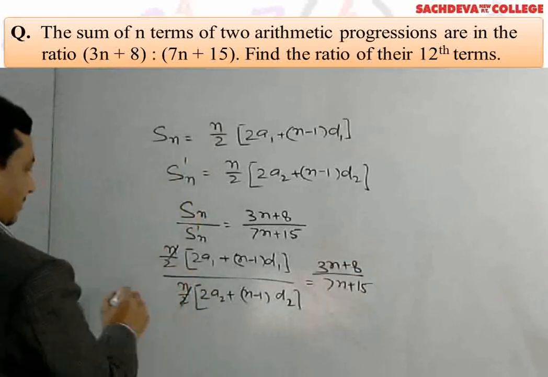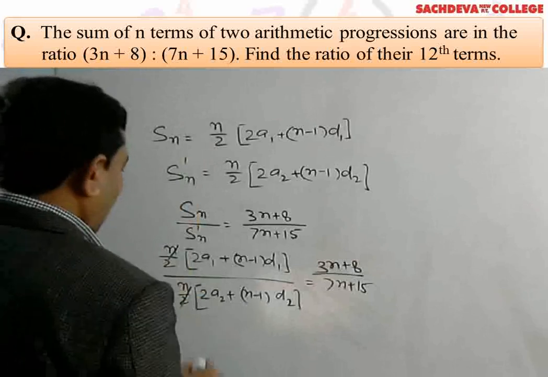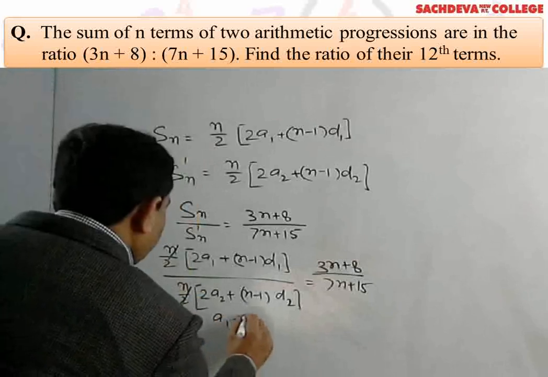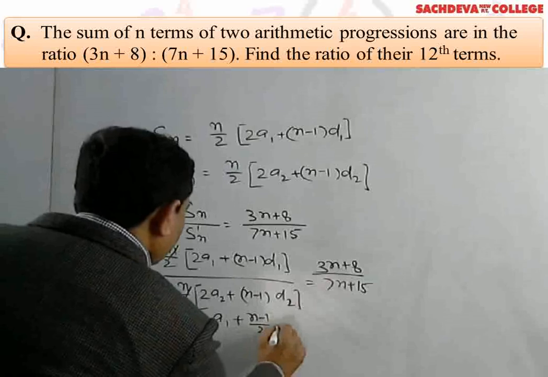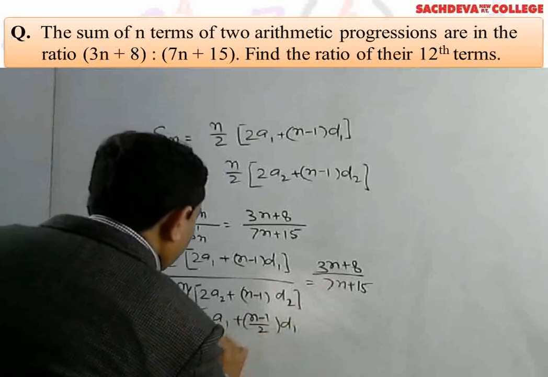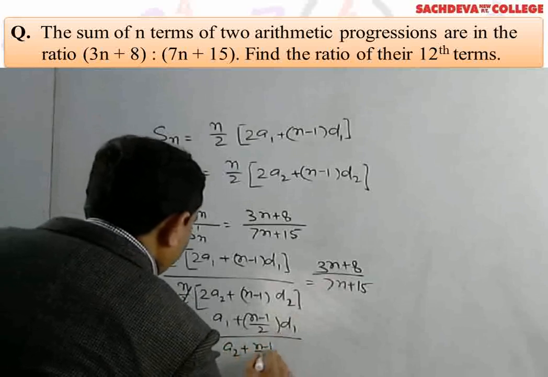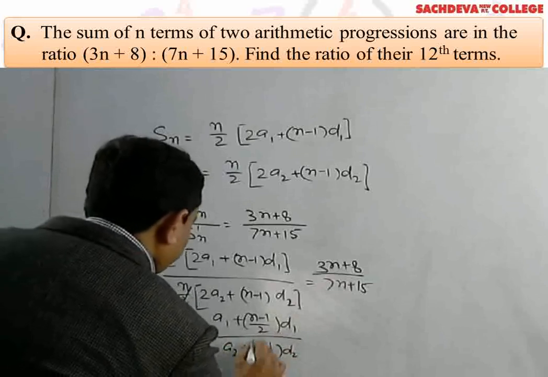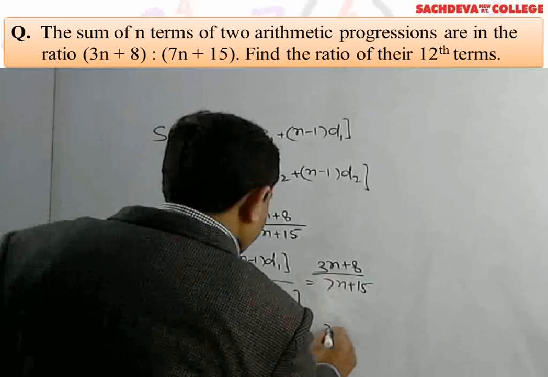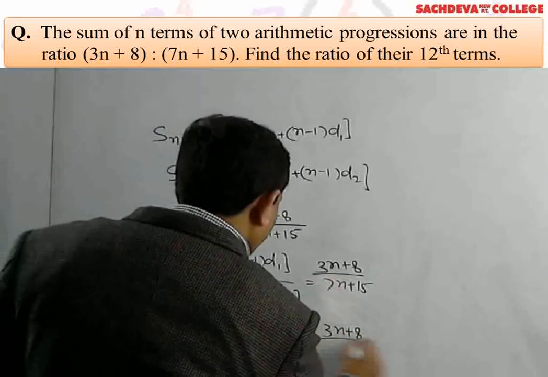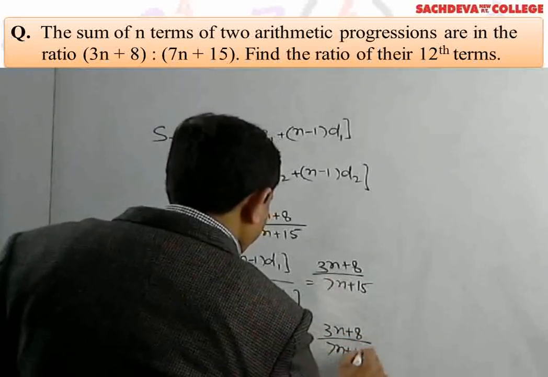This cancel by this, or a1 plus n minus 1 by 2 into d1 upon a2 plus n minus 1 by 2 into d2 will be equal to 3n plus 8 upon 7n plus 15.